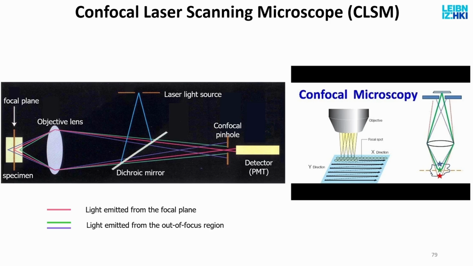Now, if I'm smart and I set up the position of this to match the focal point of this lens, then whatever is in focus here, in this case the magenta, will be the light that gets through the hole. The green and the blue will not. So what did I do? I limited my detector to see a thin layer of my sample by blocking out the rest of this.